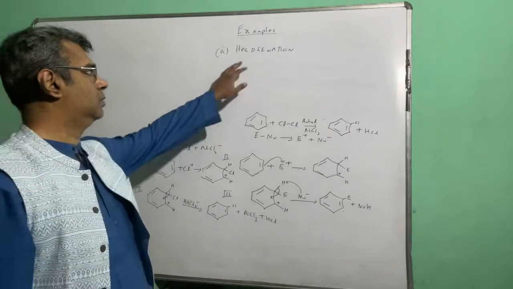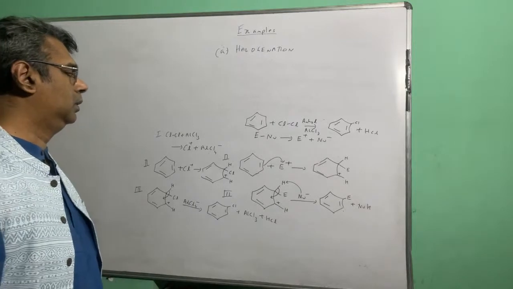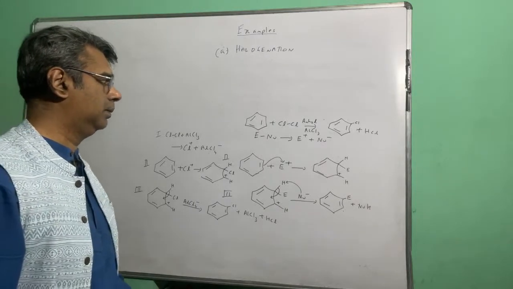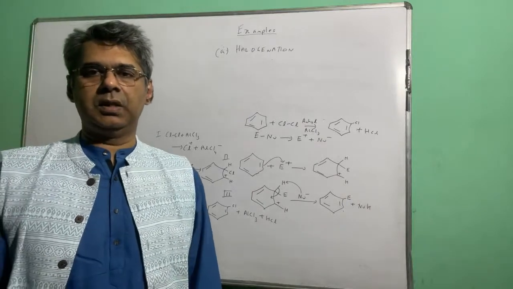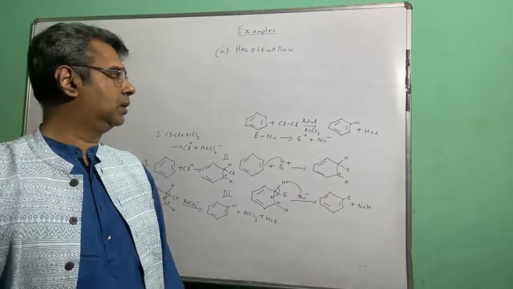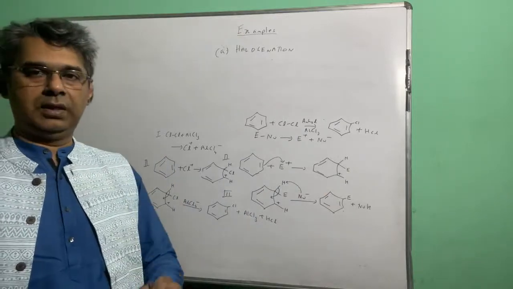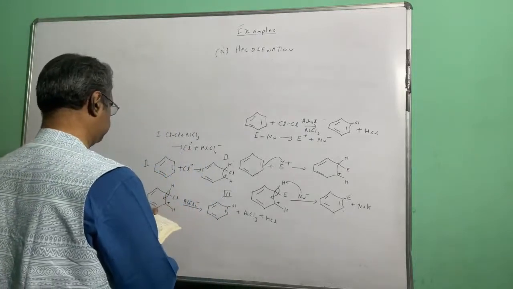Okay, so this was number A, that is halogenation. Now there are a few more important electrophilic substitution reactions, but they are almost identical in method to this. So I'll just tell you the first step.